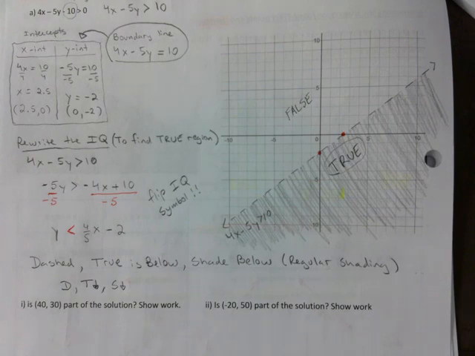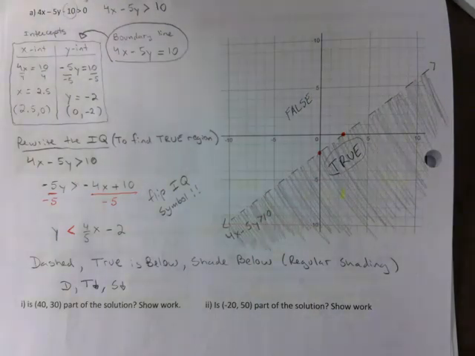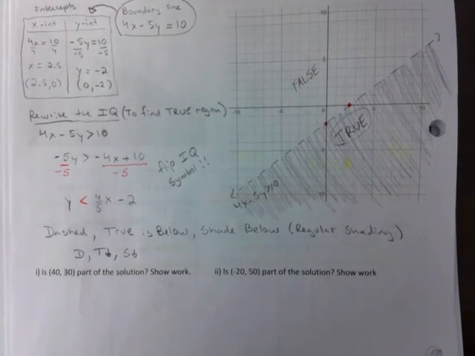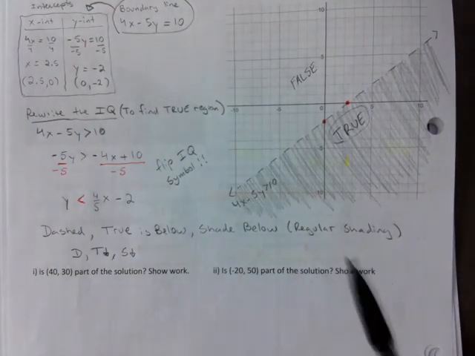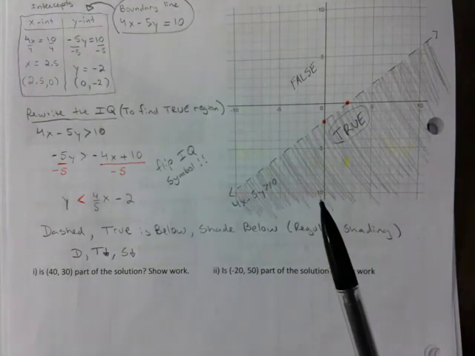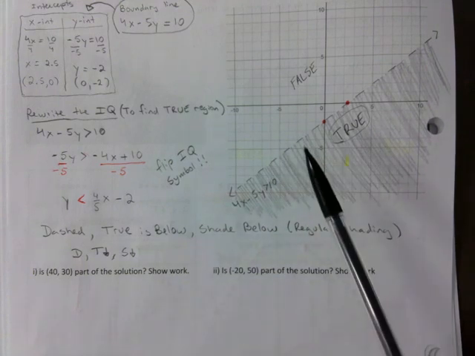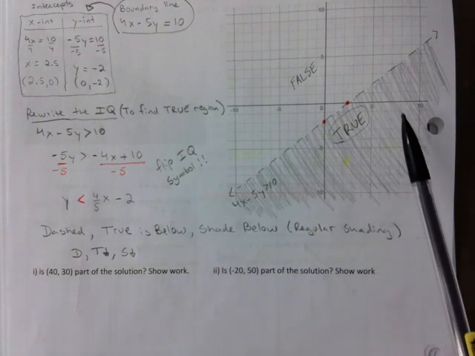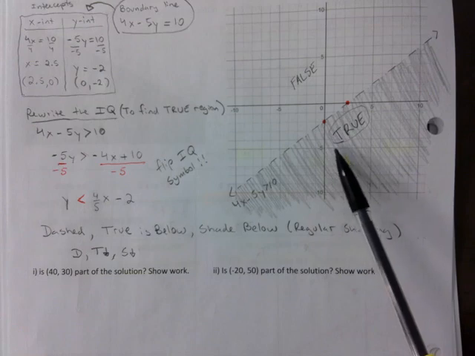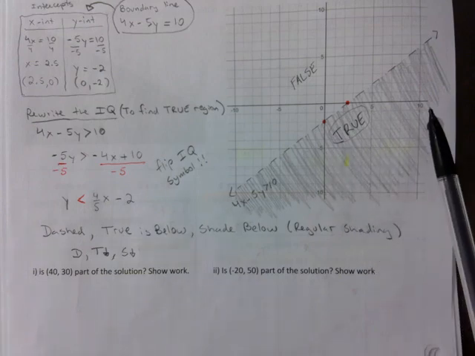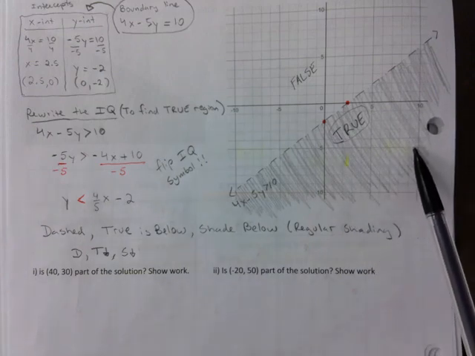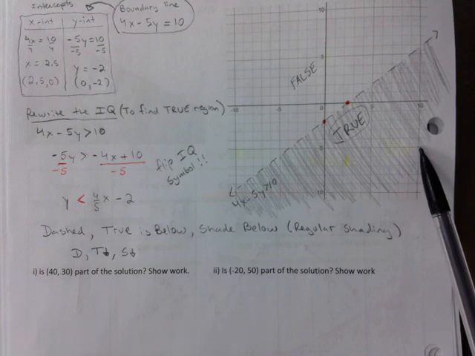Okay, so a couple of things just to recap here. If I ever ask you, hey, give me one example, one point that is a solution to this inequality, you just go anywhere in the true region, anywhere. So you could go x is 10, y is -5.